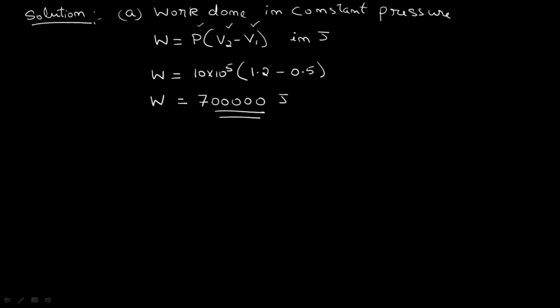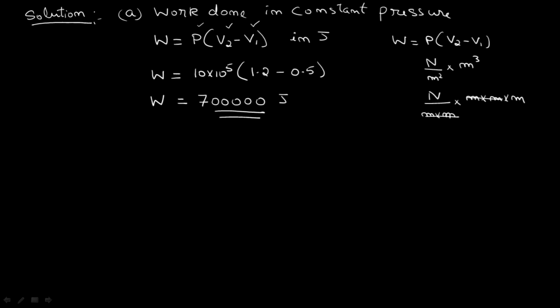Let us note down the unit conversion. Here W is equal to P into V2 minus V1. The unit of pressure is Newton per meter square multiplied by the difference in volume, which will always be in meter cube. So this can be written as M into M multiplied by M into M into M. Here 2 M and here 2 M cancel.